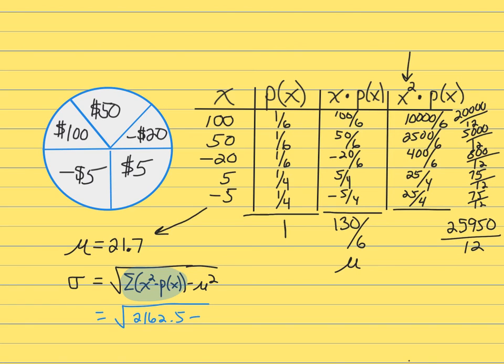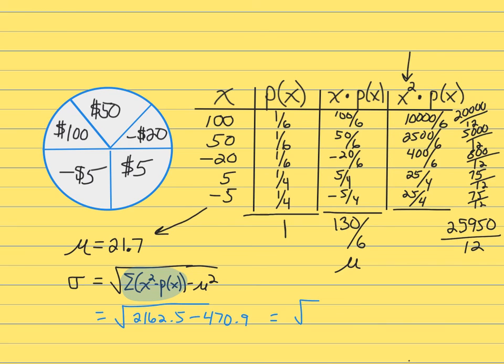And 21.7 squared is 470.9. Subtract that from 2162.5.